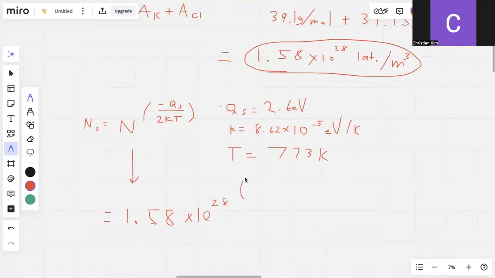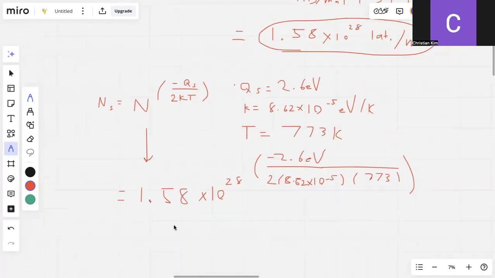So that's that value over there divided by negative 2.6 electron volts, multiplied by 2, multiplied by 8.62 times 10 to the negative fifth, multiplied by 773 Kelvin. I'm not going to put the units the first time.